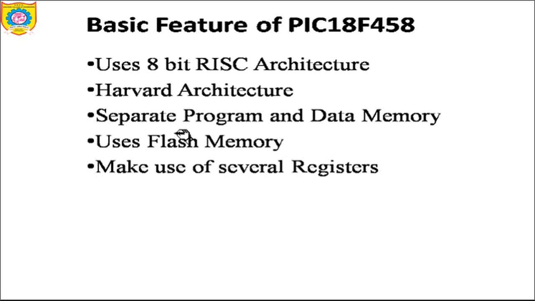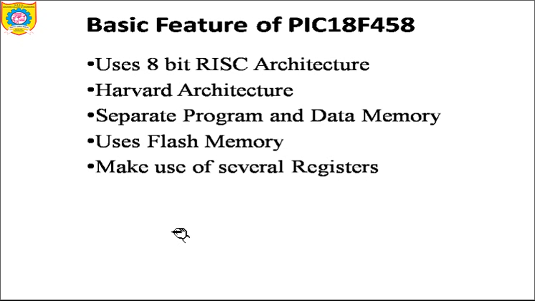It uses flash memory to store the program memory, while the RAM contains the data memory. It makes use of several registers. The registers used in the PIC18F458 family are the stack pointer, working register, program counter, and different registers.